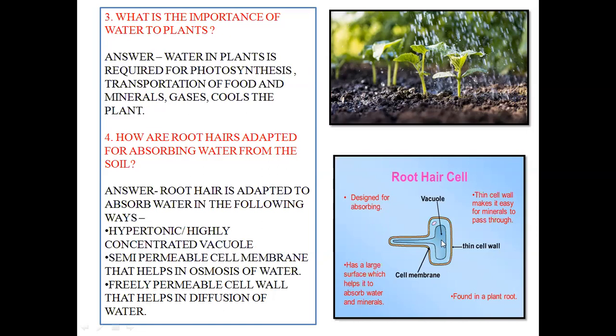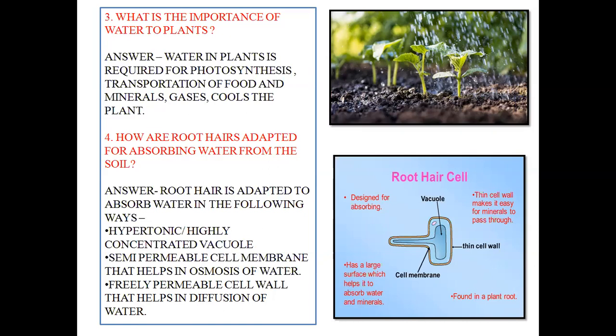Next, the cell wall is freely permeable. That is why it helps in the movement of water inside the cell by diffusion, and since the cell membrane is semi-permeable, it allows selective entry of water or solvent but doesn't allow the entry of any kind of solute.